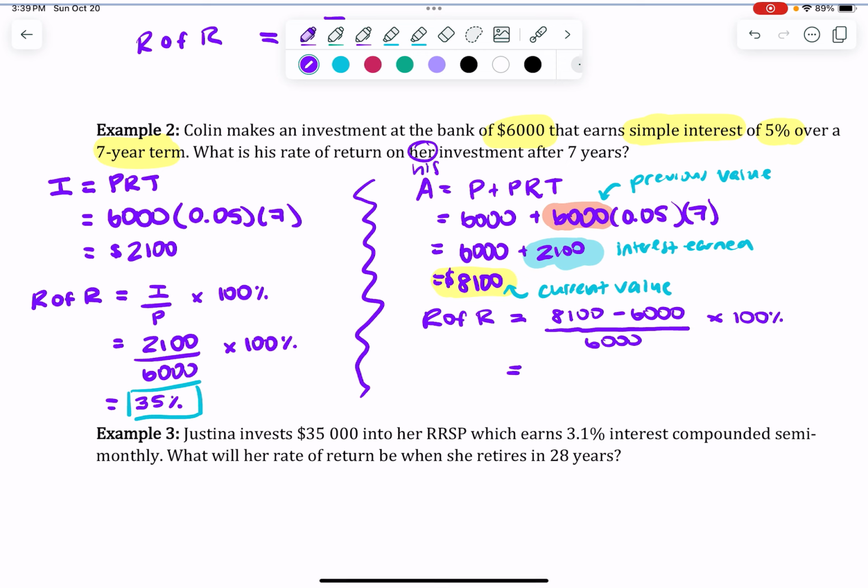Well, this just ends up with the exact same numbers, because 8,100 minus 6,000 is still 2,100. And so I end up in the same place, and I end up with the same percent.